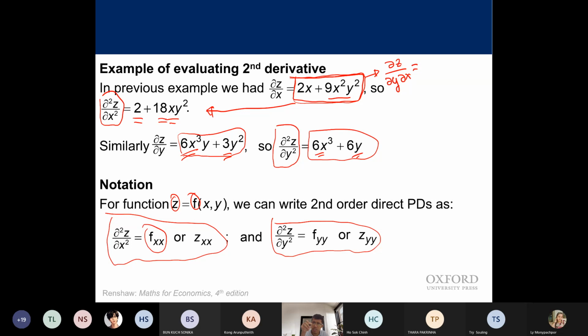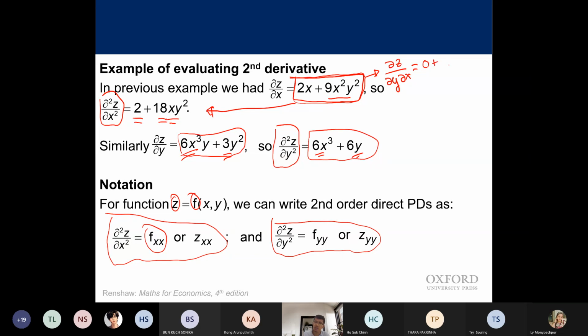So 2x will be 0, because x in this case is treated as a constant. So the first term is going to be 0. Maybe you don't have to write it down, but for explanation I just write down 0.